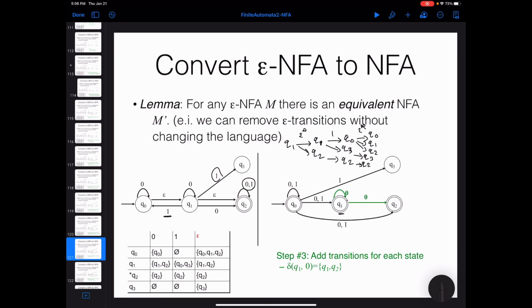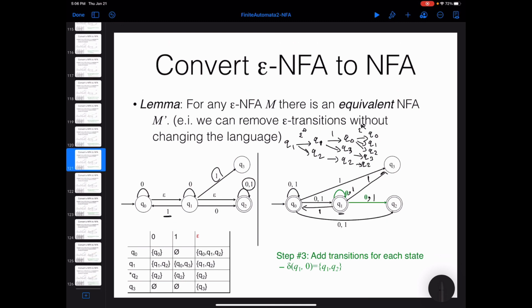Okay, so that basically means that you have to go from Q0 to Q3. You have to go from Q1 to Q0. You have to have a transition to itself. You have to have a transition to Q2.